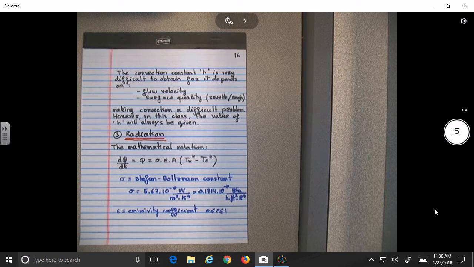Red. Why? For those where you heat the coil, what is the main heat transfer mode being used? Conduction, convection, or radiation? Conduction, yes, once you go through the pan.